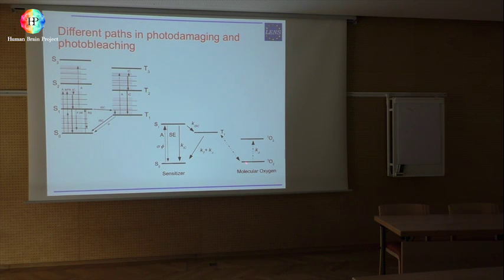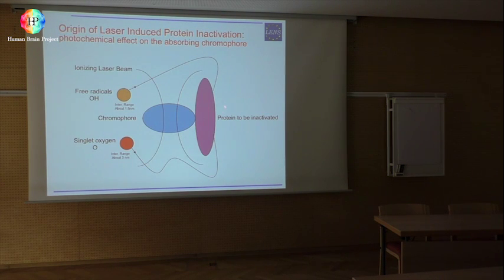So with this singlet oxygen, the protein, for example, is attached to the chromophore, which absorbs the laser light and, for example, emits fluorescence. This is the chromophore attached to the protein we want to detect. If the power here is enough, we emit singlet oxygen. This singlet oxygen has an interaction range of a few nanometers.